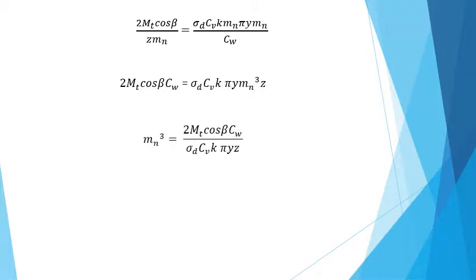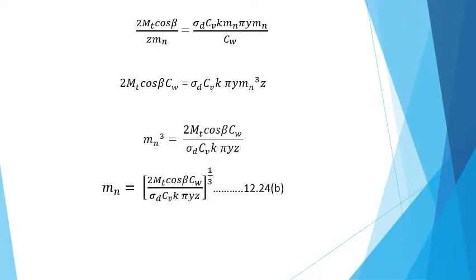So therefore this can be written as mn cube is equal to 2 mt cos beta into Cw divided by sigma d Cv K into pi y z. So this can also be written in this particular form. So this is the equation for normal module. It's available in equation number 12.24b from the design data handbook.